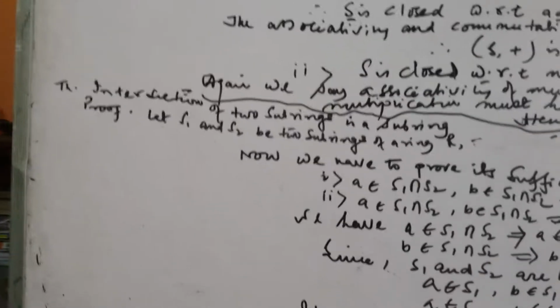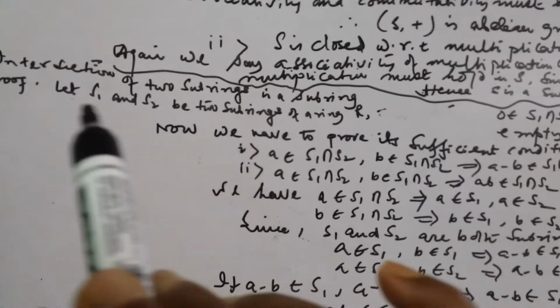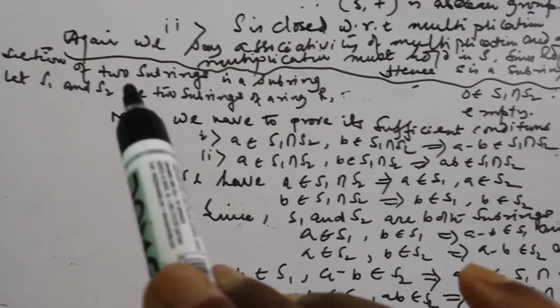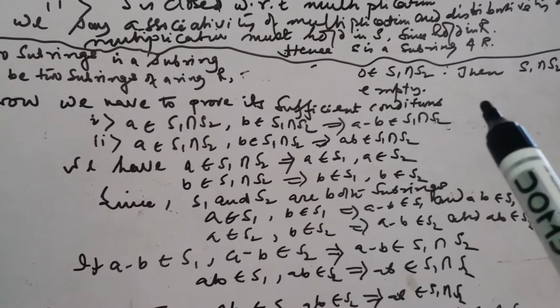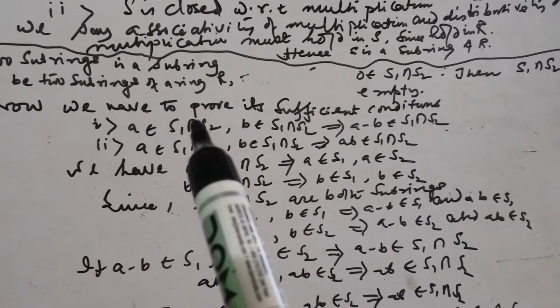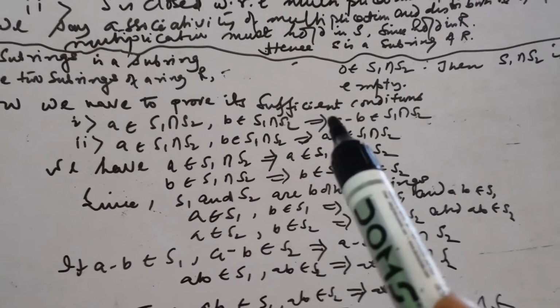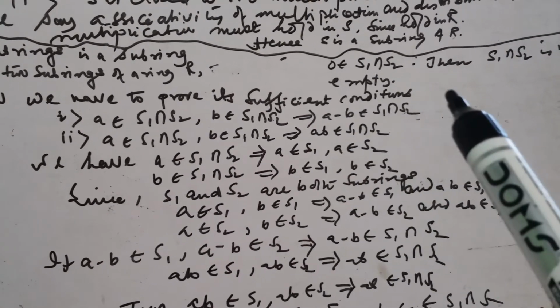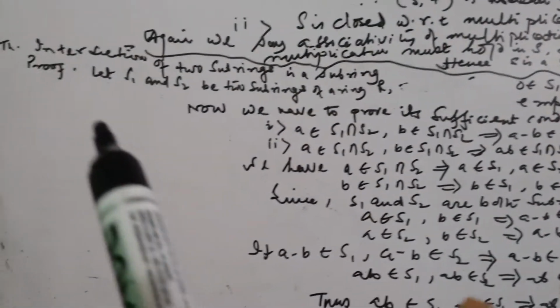And my second proof: the intersection of two subrings is a subring. Let S1 and S2 be subrings of R. We have to prove the sufficient condition, because this is the condition of subrings that we proved above.